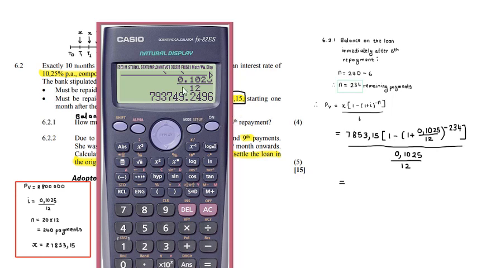So this balance has to be charged interest before she can carry on making her new repayments. Because we're going to need this amount, I'm going to store it in the calculator: Shift, Store, A. And we can just check that it's there. There we go.